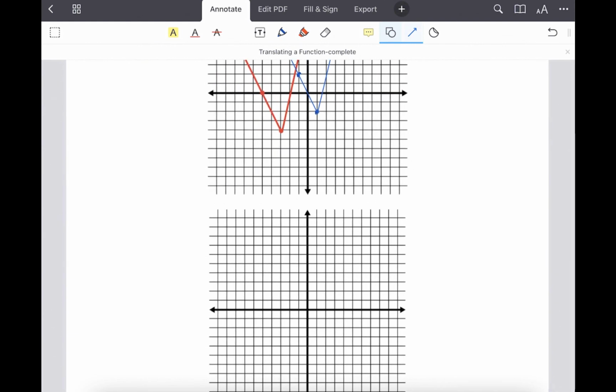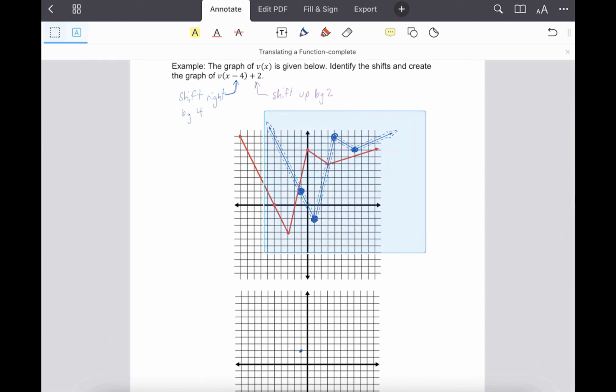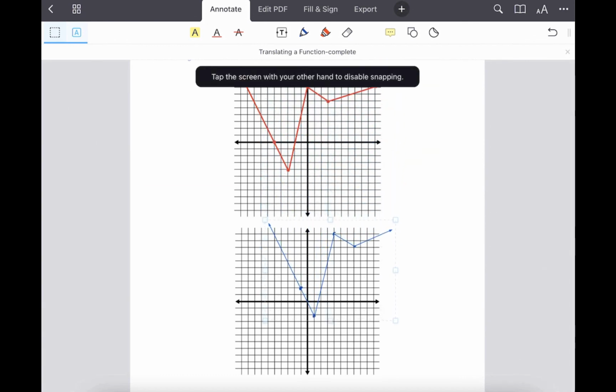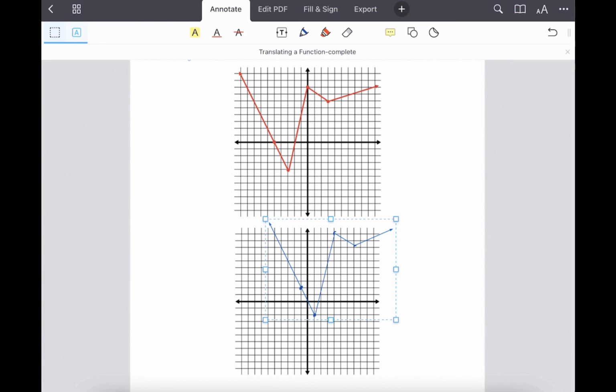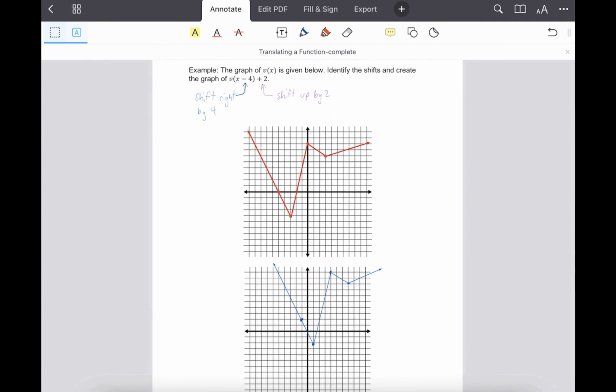I'm just going to select it and copy it this way using my iPad and bring it over. That's good. Shift right 4 and up 2.